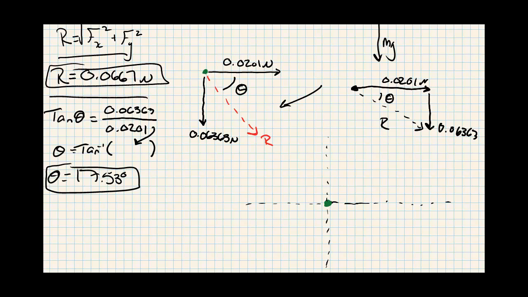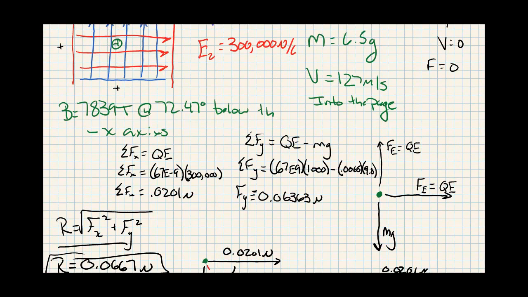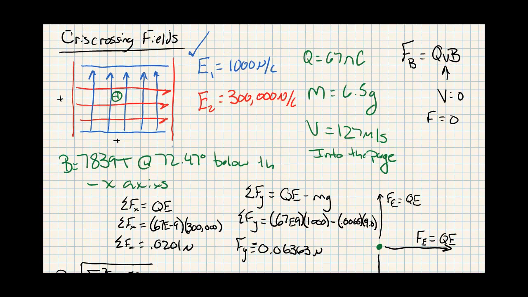And we know that there's a resulting force in this direction of 0.0667 newtons, and we know that there's an angle in here of 17.53 degrees. Well, we want to come back to the question, because this happens often in physics, where you do all this work and you forget what the question is. The question was, what magnetic field do we need to project to make the particle move undeflected?